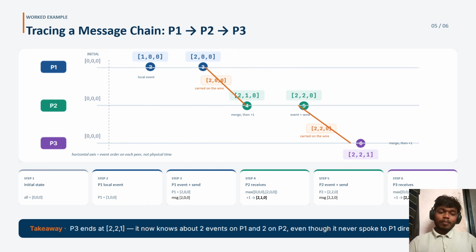Here we see an example of the vector clock algorithm running with P1, P2, and P3 as the processes.